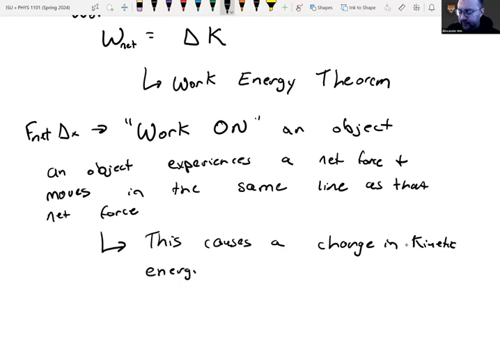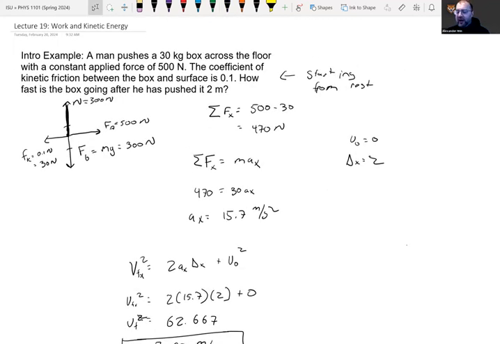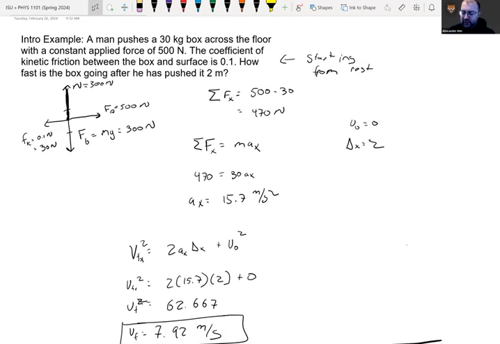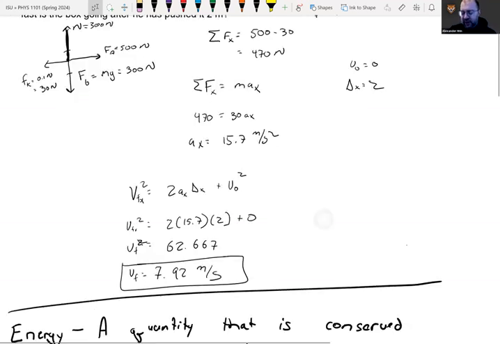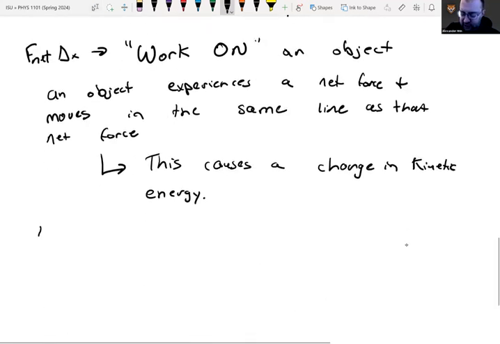All right. So what I'd like to do is go back up to that original question we did, where we have the 30 kilogram box, the applied force of 500 newtons, and the coefficient of kinetic friction, and it's going 2 meters. Going back to the original example, we found the F net.